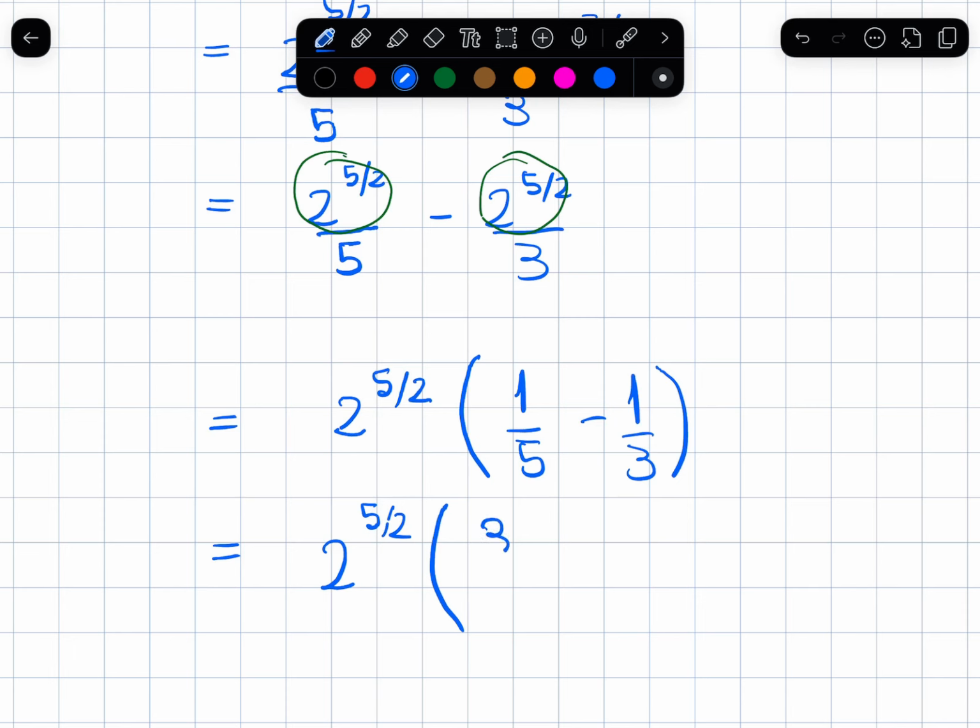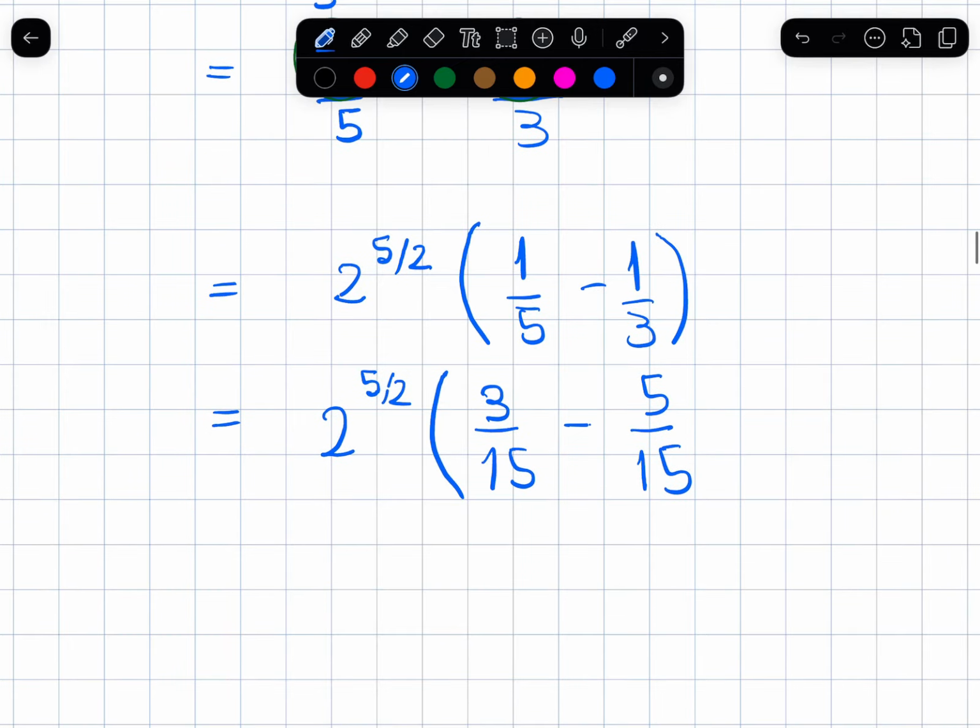This will be 3 over 15. And multiplying the second one by 5. So this is going to be -2 over 15 here multiplying.